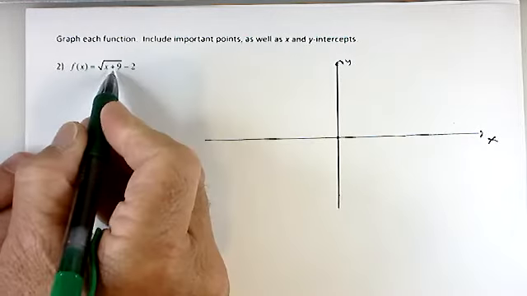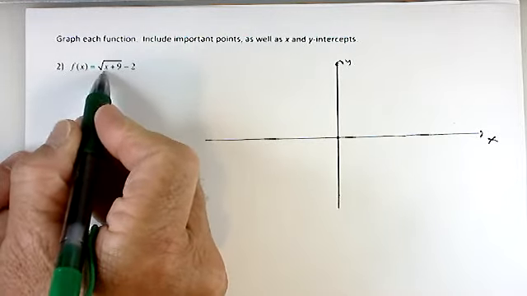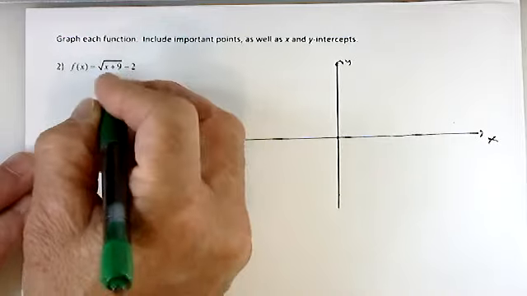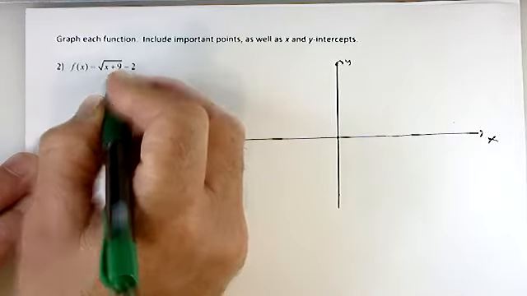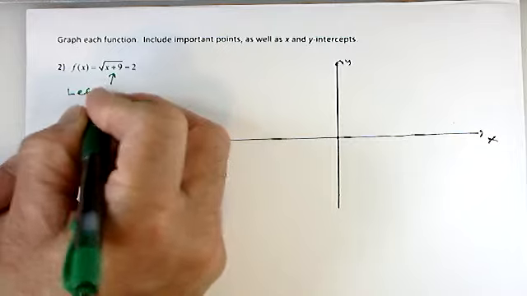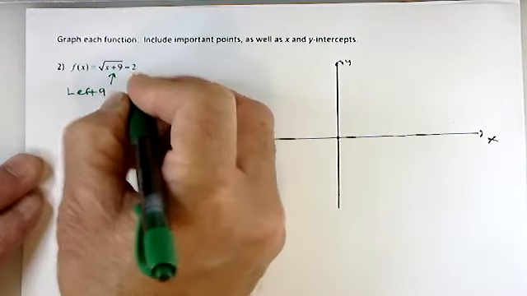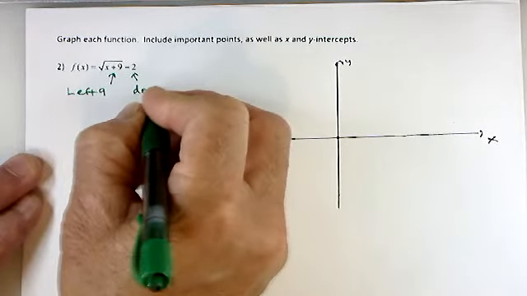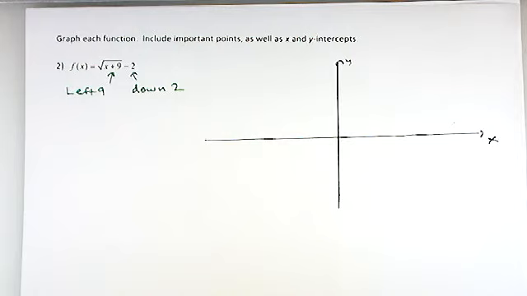we can view this function f of x equals the square root of x plus 9 minus 2. That plus 9, as we saw, is going to have the effect of moving my parent graph left 9, and the minus 2 is going to move my graph down 2.